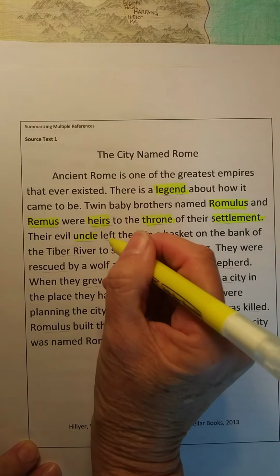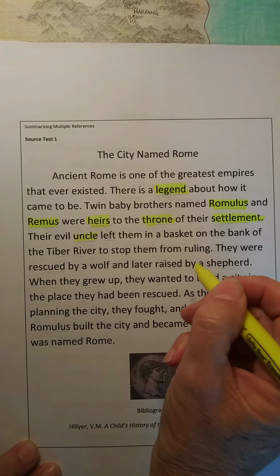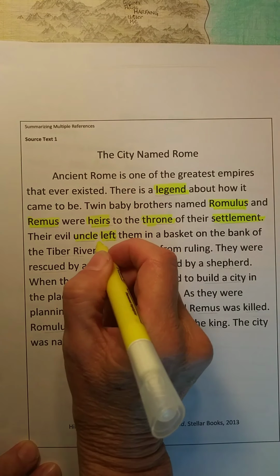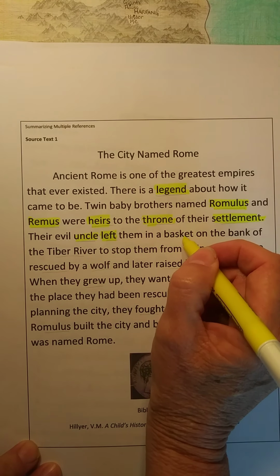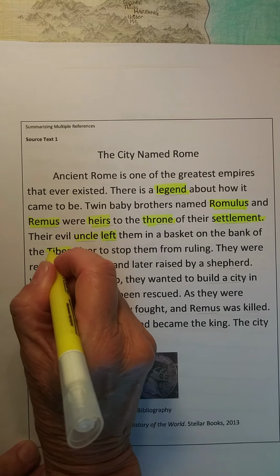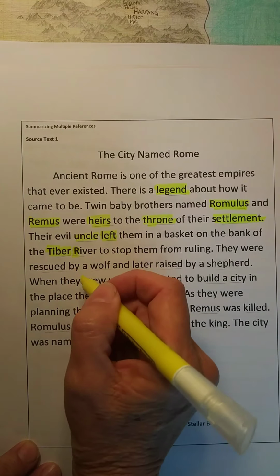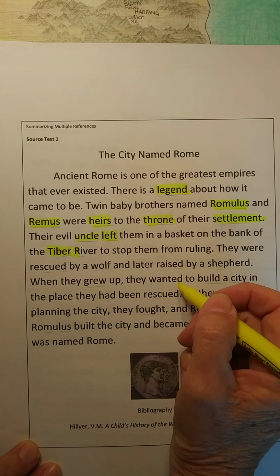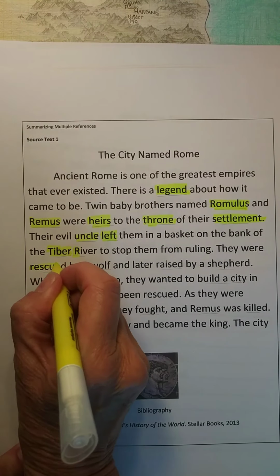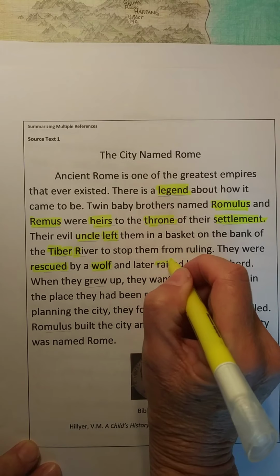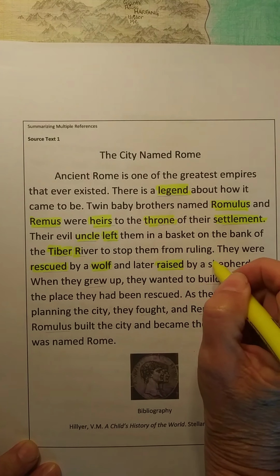Their uncle left them, I'm not going to underline them, you could draw a basket if you want, on the Tiber River. And for river, we'll just put R because that's our abbreviation for river. Okay, rescued by a wolf, remember this is a legend, and raised by a shepherd.